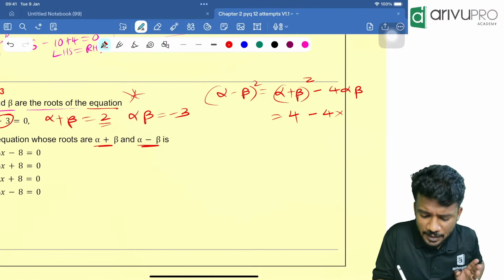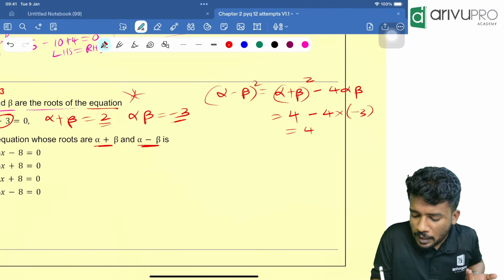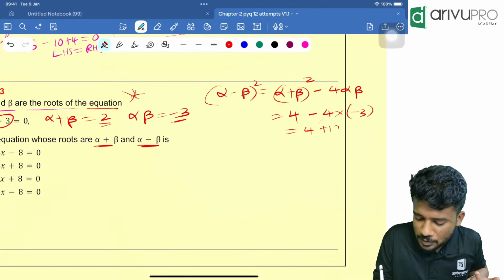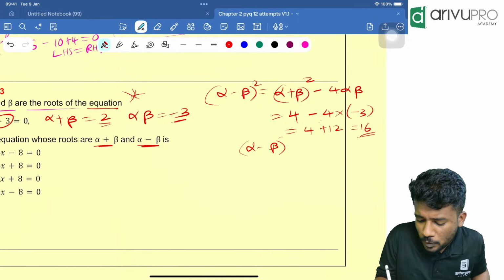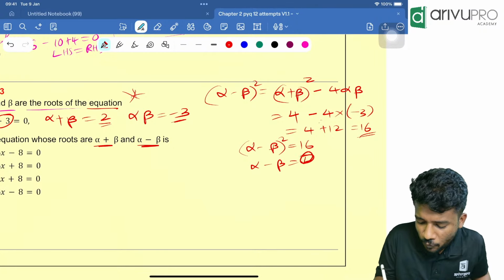Alpha beta is minus 3. Minus 4 into minus 3 is plus 12. So 4 plus 12 is equal to 16. So alpha minus beta, the whole square is equal to 16. From that, alpha minus beta is root 16. You can take it directly as 4.